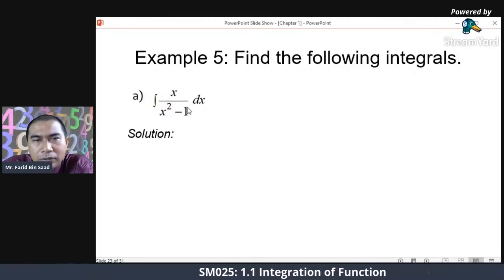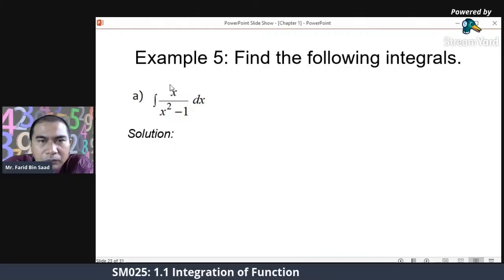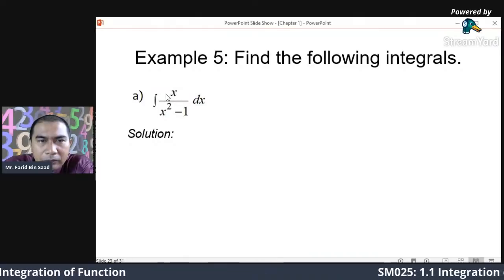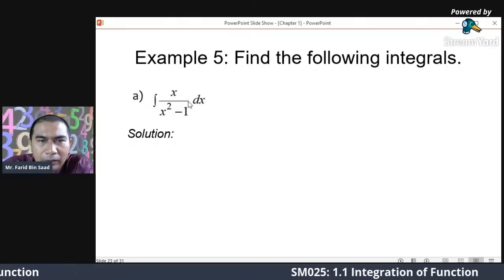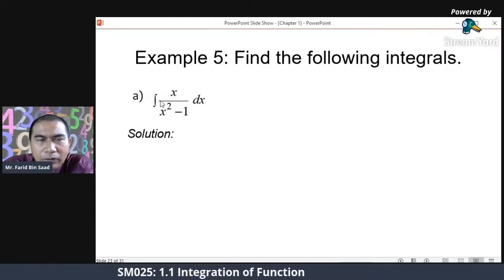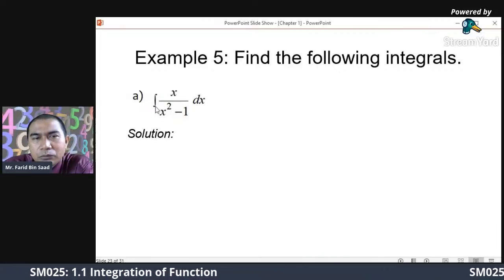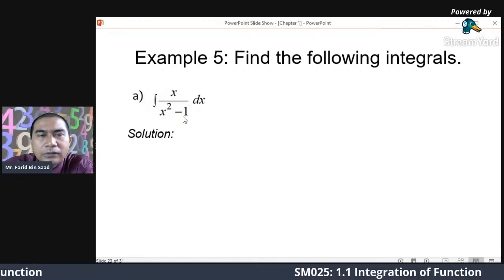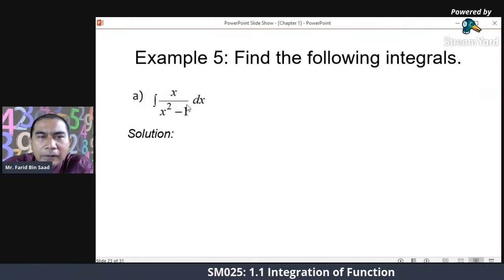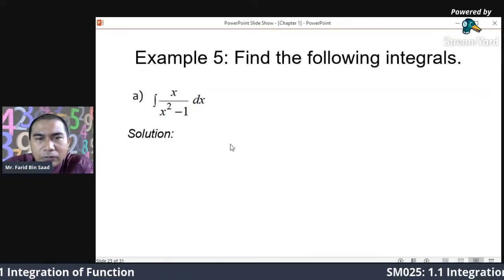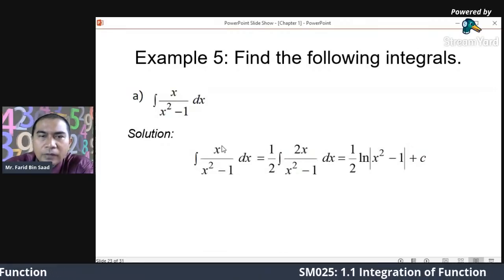So what we have to do, when we want to make it become f prime x, that is 2x, is multiply the function given here with 1 over 2. So 1 over 2 times 2x over x squared minus 1. First we have to make it a form like f prime x here. So the solution is like this.